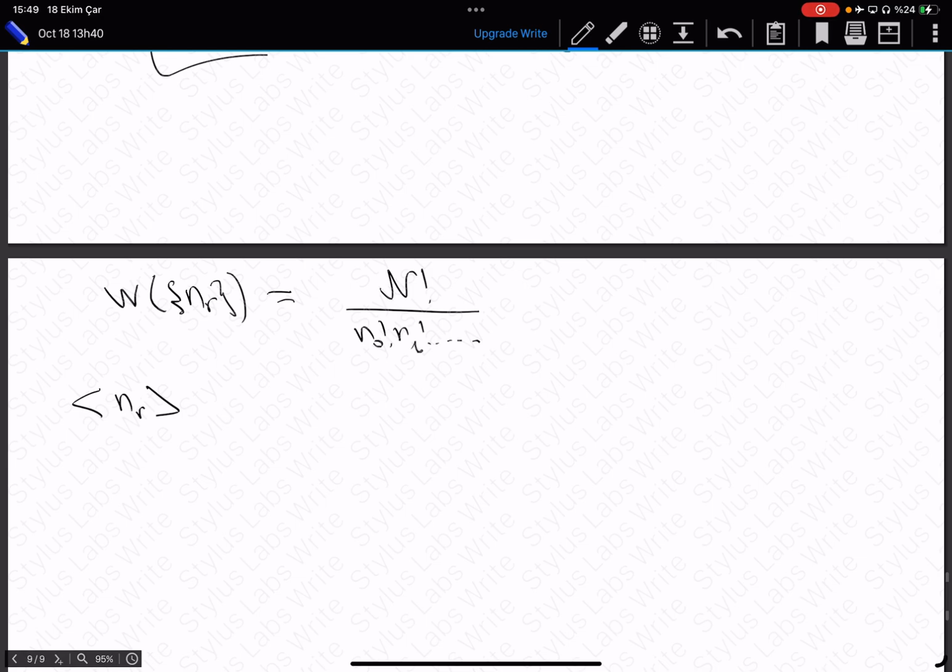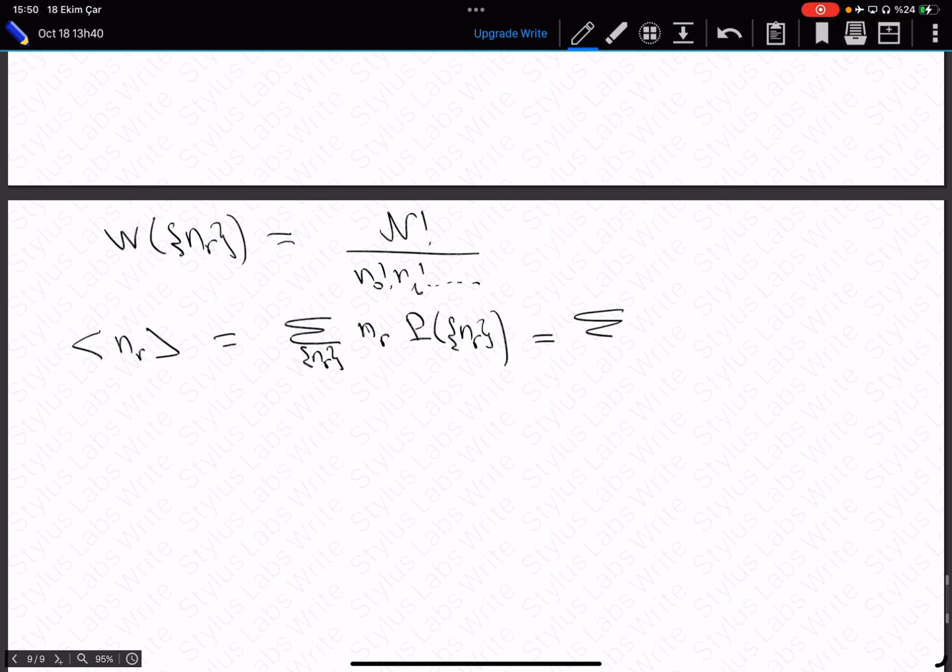Well, it's kind of easy to write down at least, not calculate. It's just the sum over all possible sets of this number NR multiplied by the probability of, no, let me write it in this way. Probability of that set corresponding to my ensemble, which will be the sum over all sets NR. Let me put a prime over here. I'm not summing over all possible sets NR.